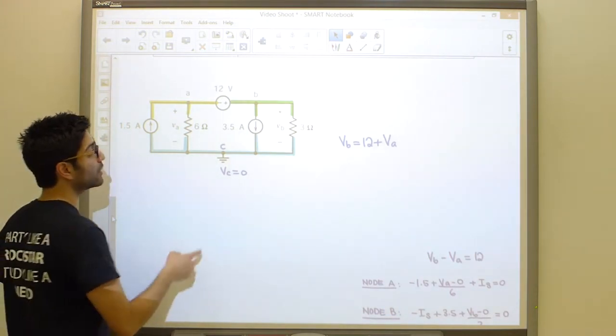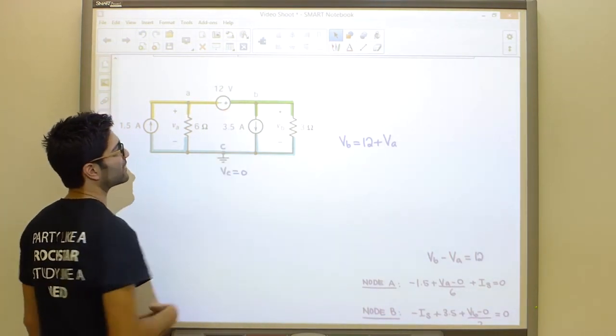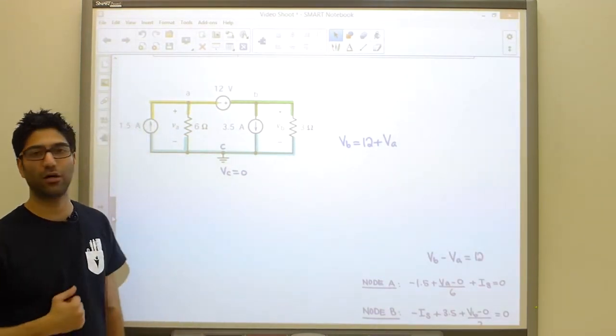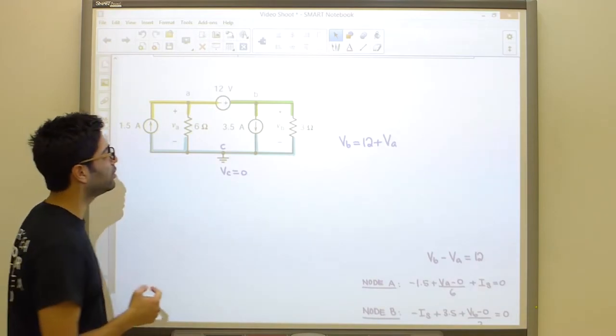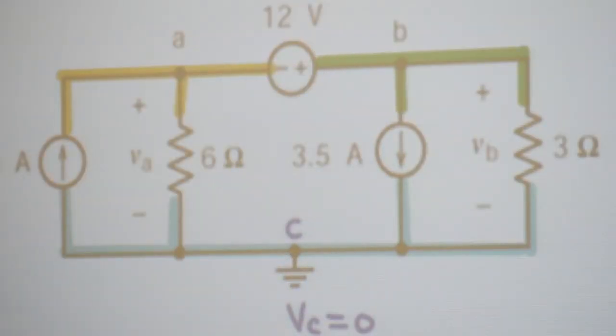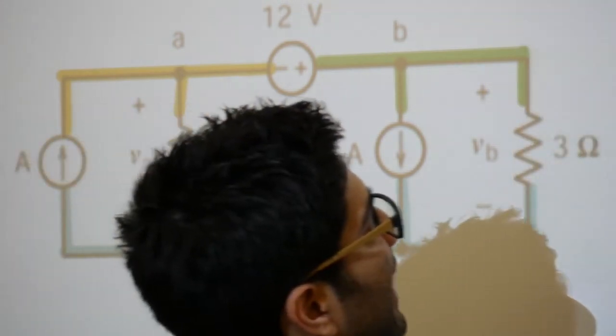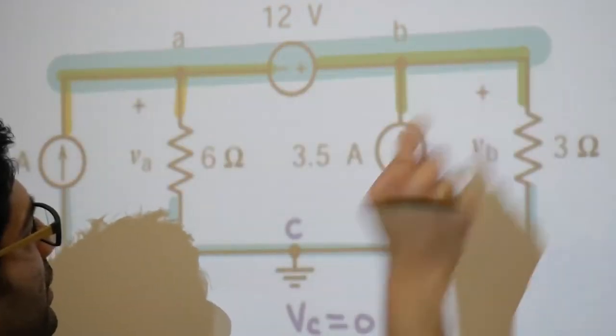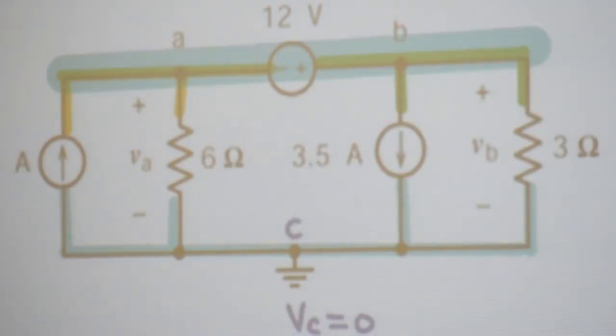In this particular case, this guy is causing a problem because it is creating an additional variable IS, as we saw. So what we're going to do is merge these two nodes together, thereby creating our supernode. So we're simply going to pretend that this guy is not there, and all of this is one big node.